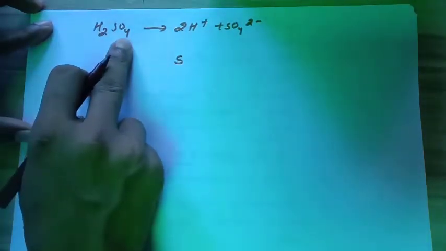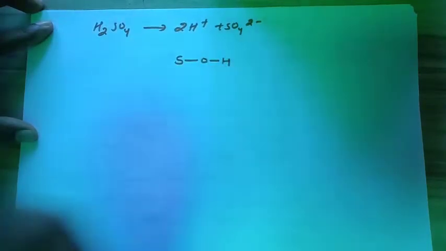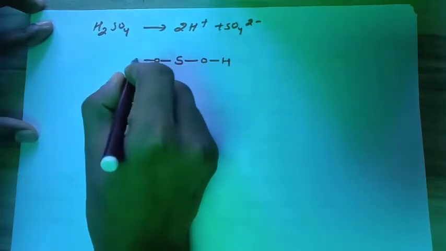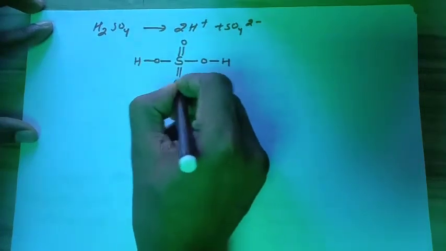Now 2 hydrogen will be attached with 2 oxygen. So simply attach oxygen and hydrogen with sulfur, then another part OH. Now the remaining 2 oxygen will have a double bond with sulfur.